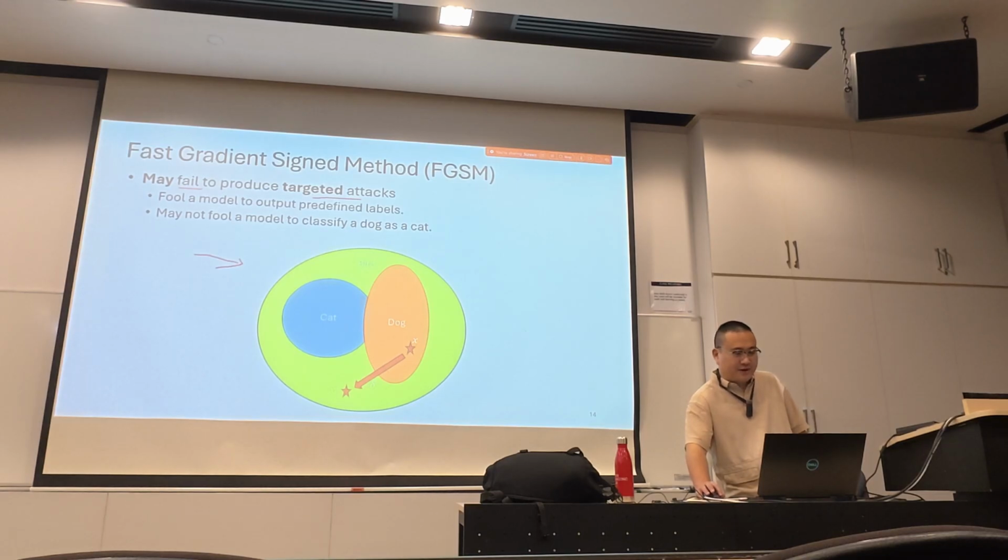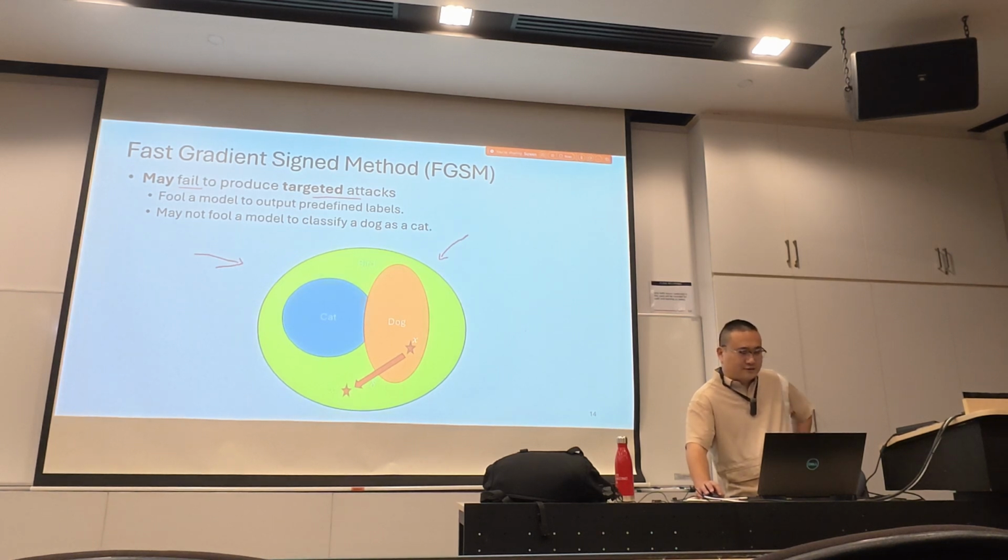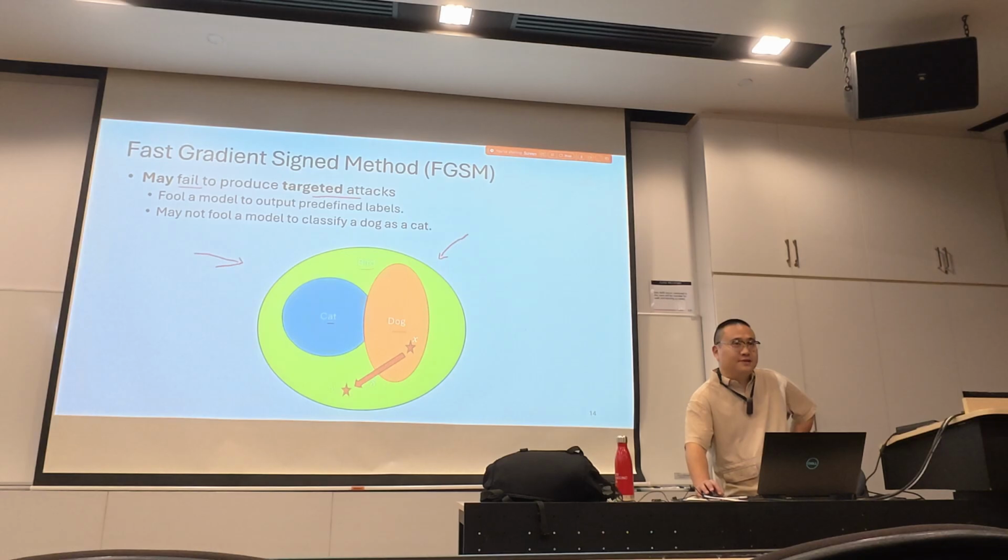So here, let's just imagine that this is the decision space of a model. The model is doing image classification between birds, cats, and dogs, and this is the decision space. And then given an image of a dog, here we can see the x. If we calculate the sign of gradient, we get the direction to modify the image.